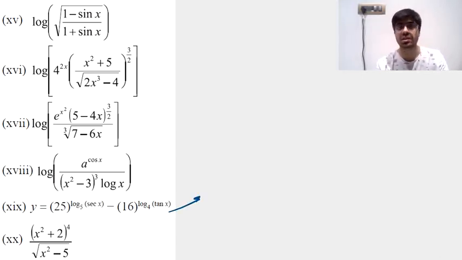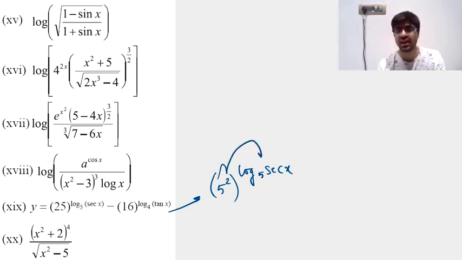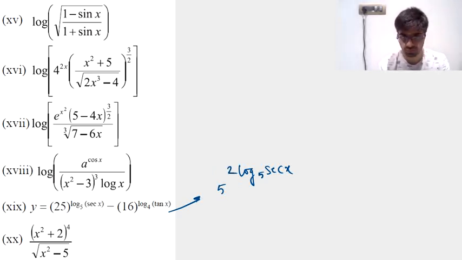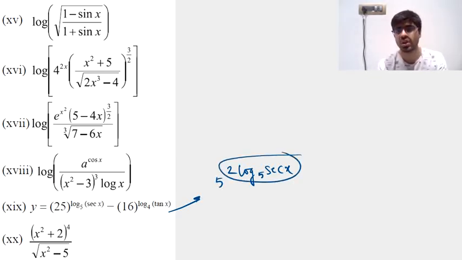Here there's again a result that I had mentioned in this exercise a little while ago that we will be using. So 25, we will write that as 5 power 2. So we have 5 power 2 log of sec x to the base 5. Now a power m, the whole power n, is a power mn. So this becomes 5 power 2 into the entire thing.